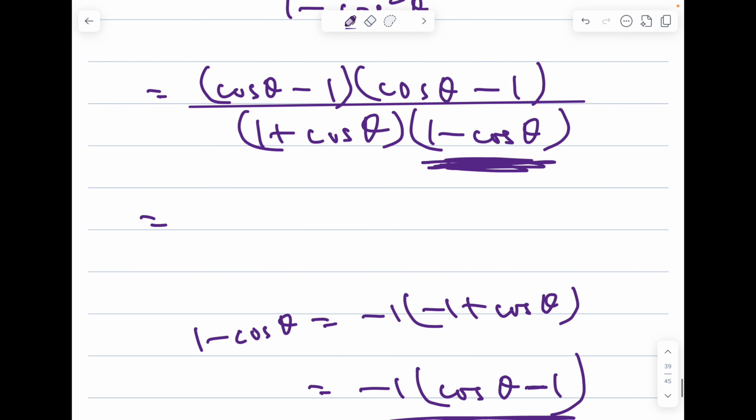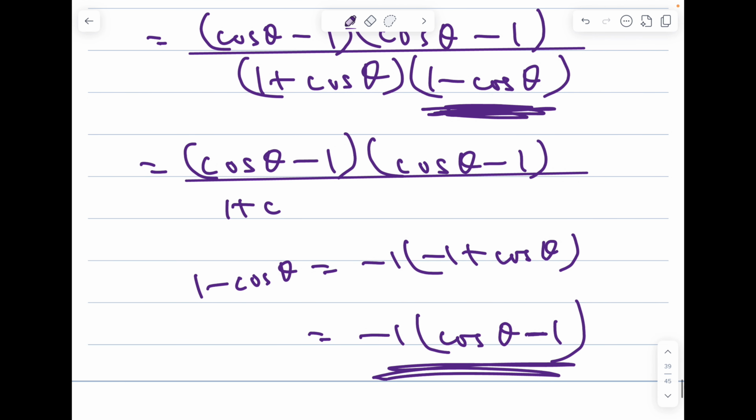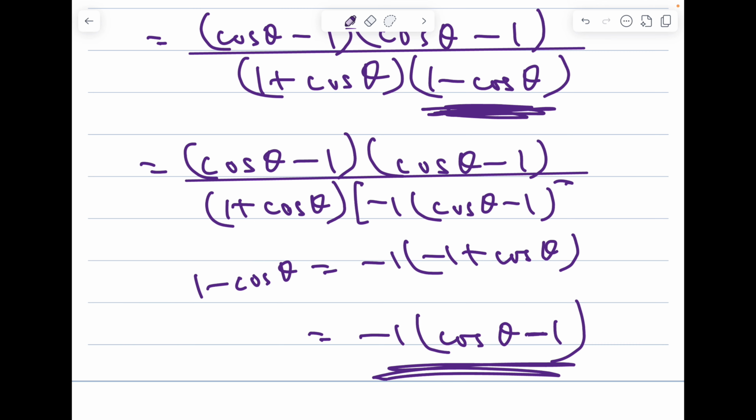So that simply means cos theta minus 1 times cos theta minus 1 all over 1 plus cos theta times minus 1 into bracket cos theta minus 1.